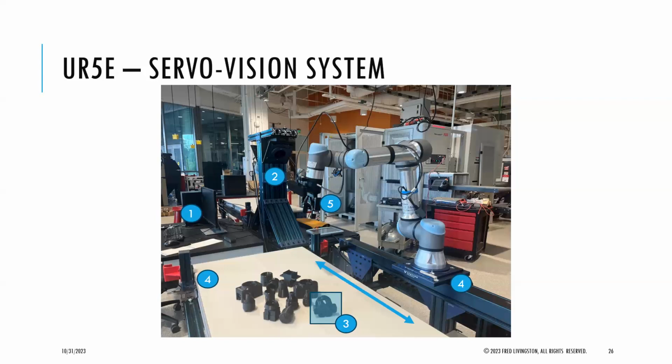So this here is the origin to E. This is my end effector to my camera system. And this is my camera to my object. And now I want to know my origin to the object.